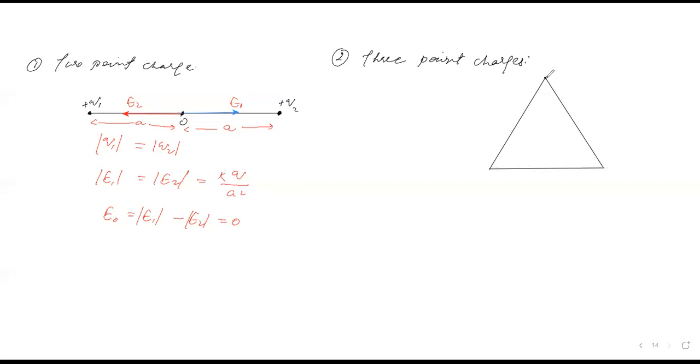This is a charge of plus Q, this one is also plus Q, and this is also plus Q. The centroid is this, which you can consider as O. You can join all of the vertices to the center. Then what will be the net force acting at the center O?